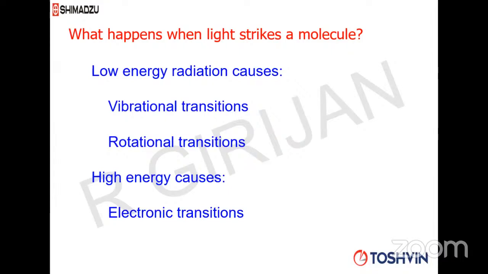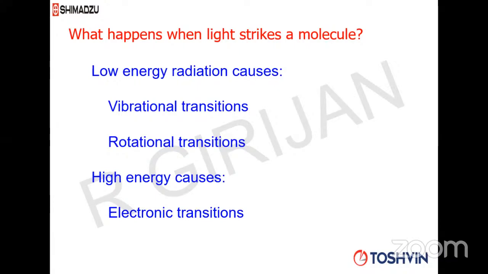So if a high energy radiation is coming and falling on a molecule, electronic transitions are going to take place, and we are going to see what that is. And when a low energy radiation is coming and falling on the molecule, there are two types of changes that can occur. One is a vibrational transition. I think you had already listened to an FTIR lecture. So in IR, we are considering only molecular vibrations, the vibrational motions that are taking place in a molecule when it is subjected to IR radiation.